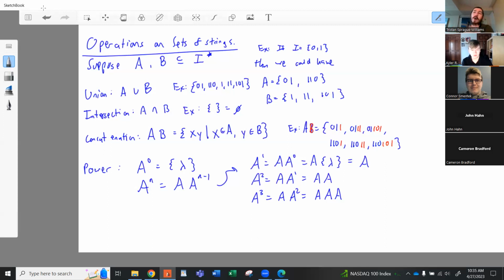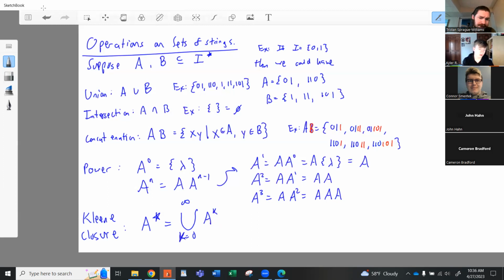And then taking that power function to the extreme, we get what's called the Kleene closure of the set. This is A star, which is sort of like A to the power infinity, but not exactly. What it is, it's a union of all of the powers of A. So union over k going from 0 to infinity of A to the power k.